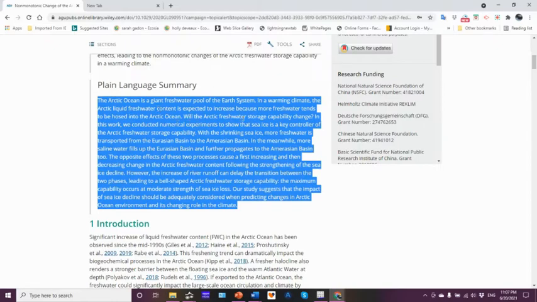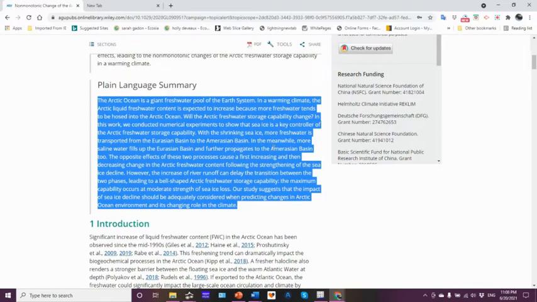Will the Arctic freshwater storage capability change? In this work, we conducted numerical experiments to show that sea ice is a key controller of the Arctic freshwater storage capability. With the shrinking sea ice, more freshwater is transported from the Eurasian basin to the Amerasian basin. In the paper, this is abbreviated EB, AB, respectively.